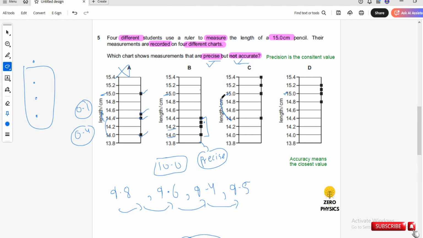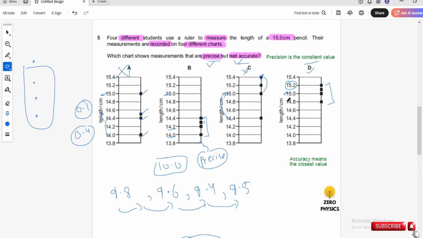Here we have 14.4 and there's a great difference: 15 minus 14.2 is 0.8. There's too much difference, and they are going upwards, so they are not precise. They are not consistent. Let's talk about D. This seems to be consistent: there is 14.8, 15, 15.2, and 15.3. But you can see they are going above our actual value.